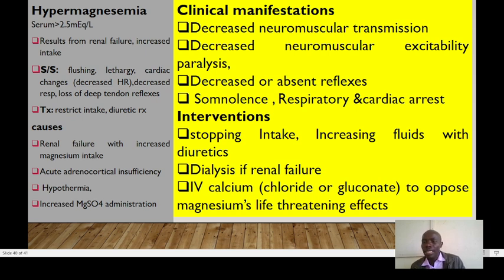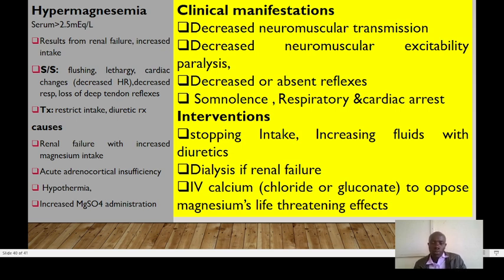Causes of hypermagnesemia could be renal failure, so we have increased magnesium intake and retention, along with acute adrenal cortical insufficiency, hypothermia, and increased magnesium sulfate administration. The patient will present with decreased neuromuscular transmission, decreased neuromuscular excitability, paralysis, and decreased or absent reflexes.